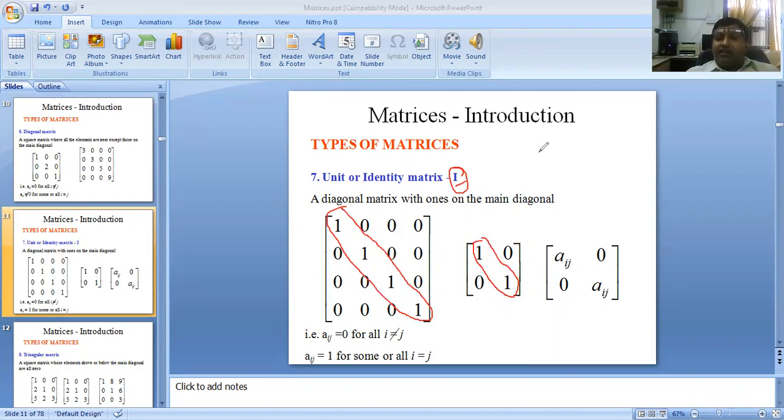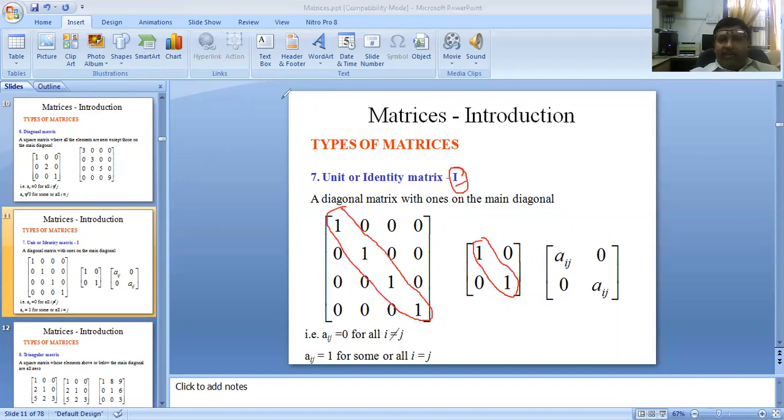One more point: both diagonal matrix and unit matrix must be square matrices. So both unit and diagonal matrices are square matrices, but all square matrices need not be unit or diagonal matrices.